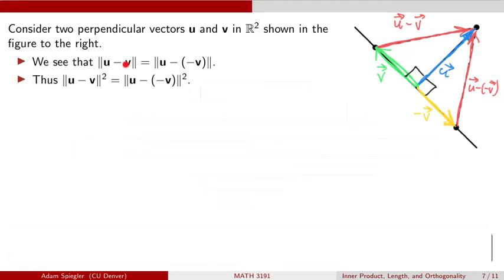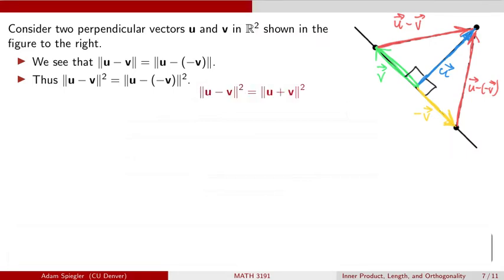If these two quantities are equal to each other, then applying the same operation to both of them, namely squaring them, preserves equality. So let's see what might come out of this condition.